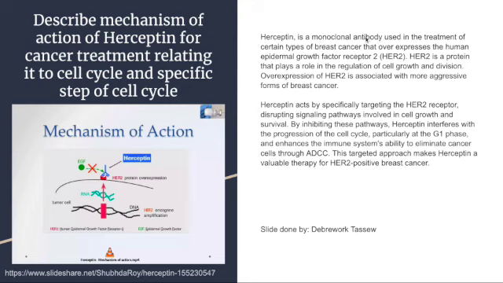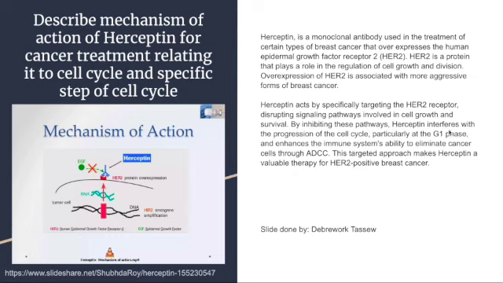Herceptin is a monoclonal antibody used in treatment of certain types of breast cancer that overexpress the human epidermal growth factor receptor 2, or HER2. HER2 is a protein that plays a role in the regulation of cell growth and division. Overexpression of HER2 is associated with more aggressive forms of breast cancer. Herceptin acts by specifically targeting the HER2 receptor, disrupting signaling pathways involved in cell growth and survival.